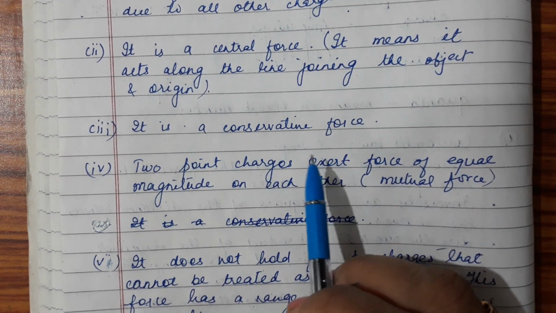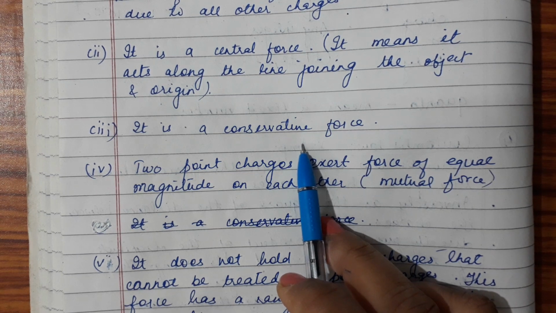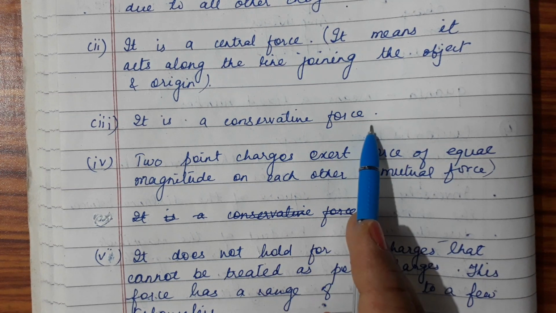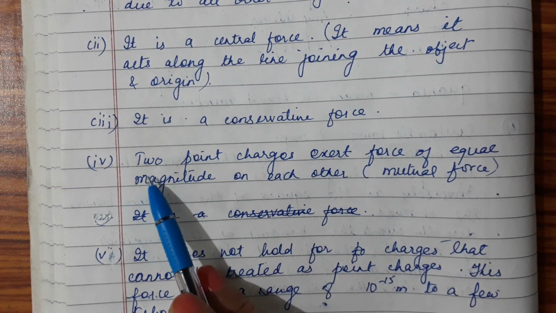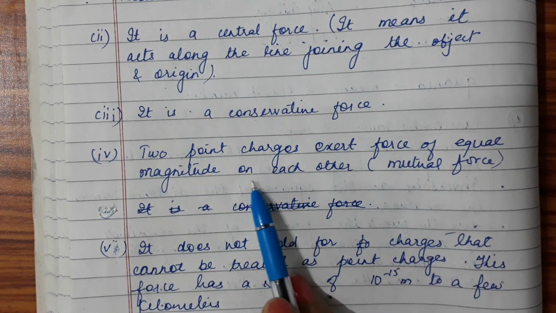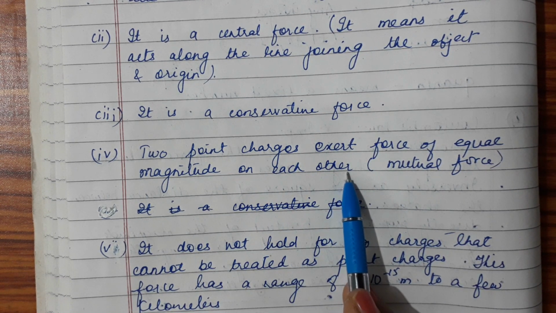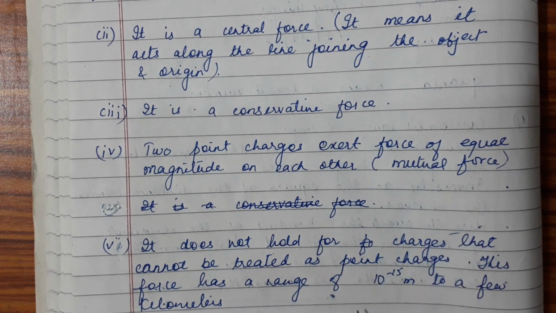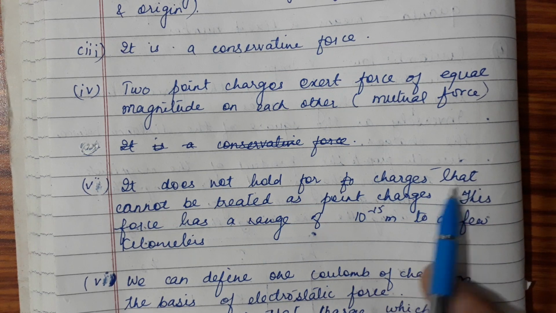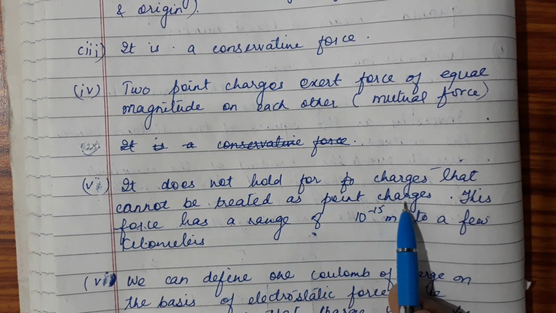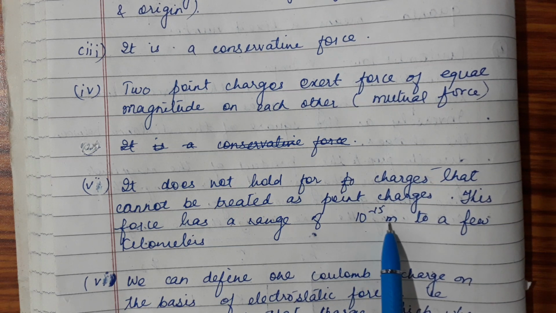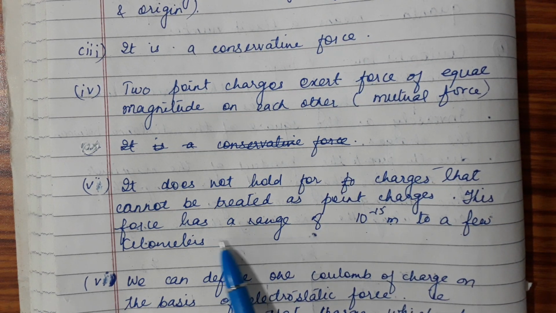Next, it is a conservative force, which you have studied in class 11th also. Next, two point charges exert forces of equal magnitude on each other, so the force is a mutual force also. Next, it does not hold for charges that cannot be treated as point charges. This force has a range of 10^-15 meter to a few kilometers.